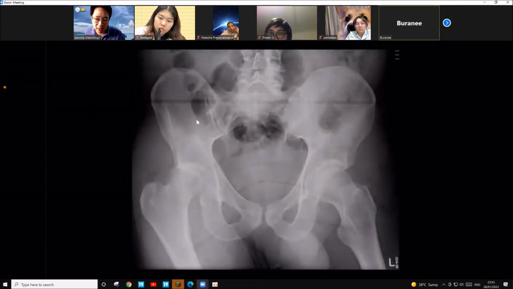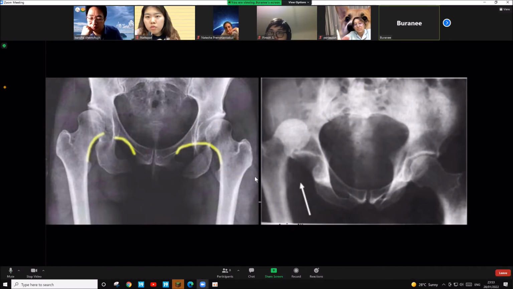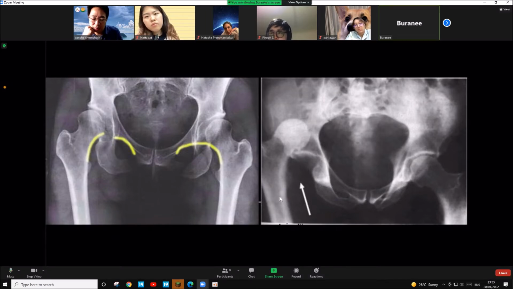Go back. That is the anterior and posterior dislocations. This one, who can answer? Is this anterior or posterior?